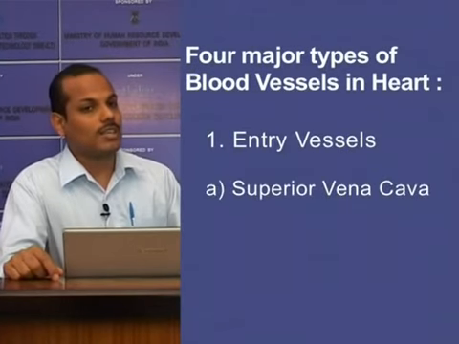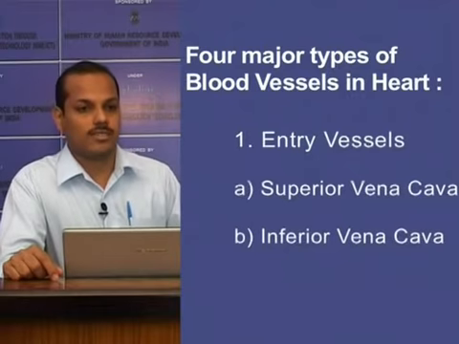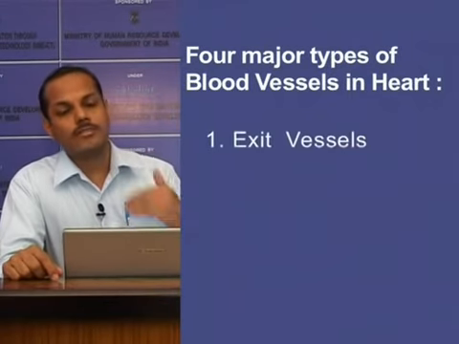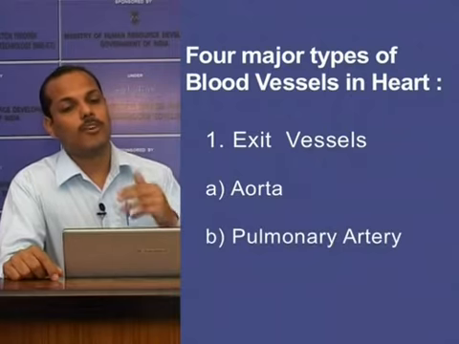Now, there are four major vessels. There is the superior vena cava and the inferior vena cava. These are the entry vessels. The exit vessels are the aorta and pulmonary trunk. Then there are four pulmonary veins, but we cannot consider them a major vessel. This is also an entry vessel.